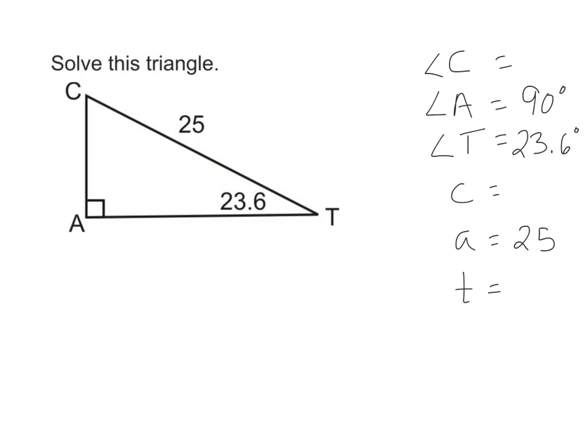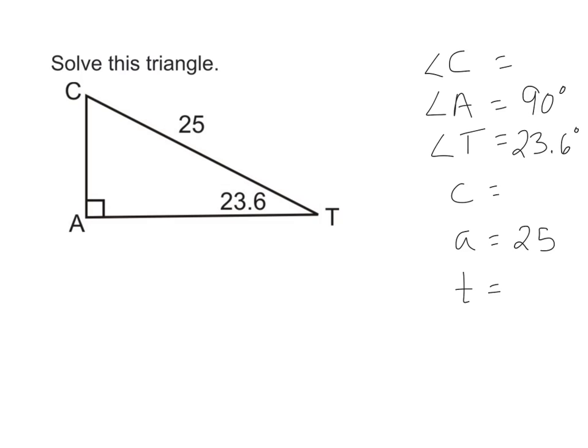So in the first question, we started with the Pythagorean theorem. We can't do that here, because you have to have 2 side lengths already to use the Pythagorean theorem. So we're not going to do that. Instead, let's start with the angle that we don't know, angle C. To find angle C, triangle angle sum theorem says all 3 angles have to add up to 180.